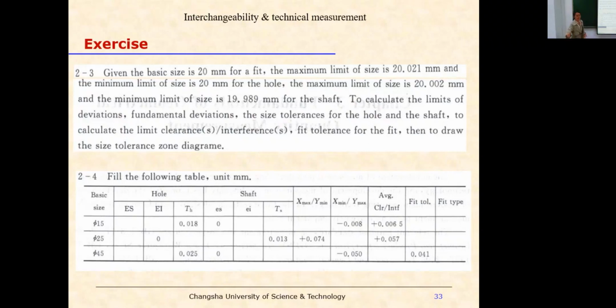So, that is how to explain the summary of the fit type according to the deviation's value.